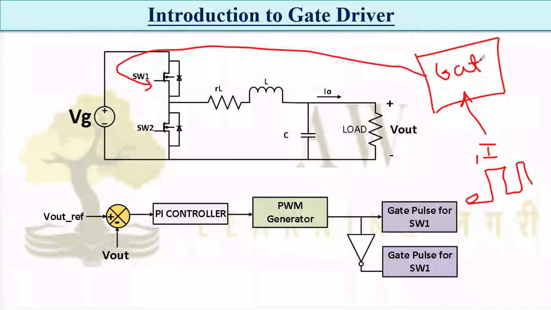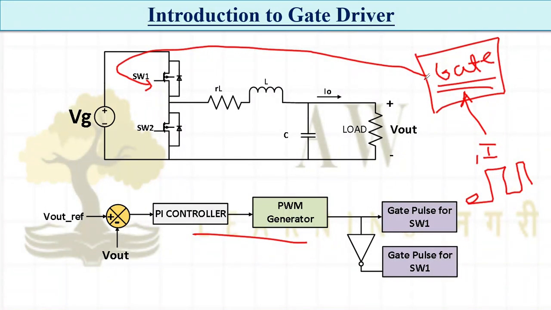So here the gate driver requirement arises: I am generating my gate pulses with the help of some controller, right? Then this 1 0 I cannot give to my switches, so I need something in between. I have to pass these signals to the gate driver.